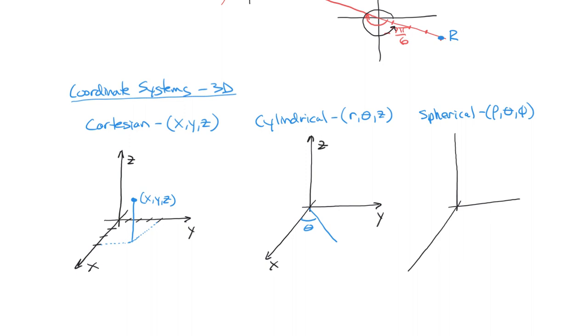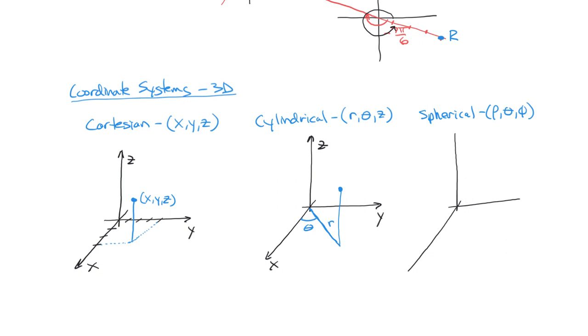So if we think of the x-axis here, so theta will come out here, and then this length of this is r, and then from the end of this will come straight up, and then that will give us this distance here is z.